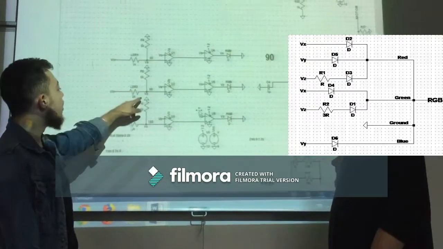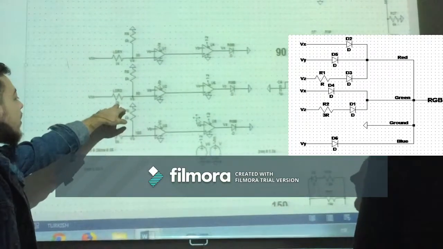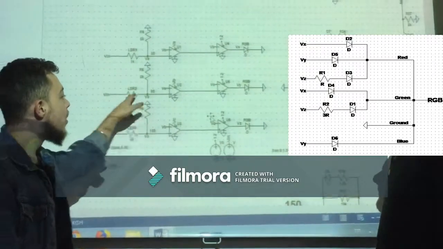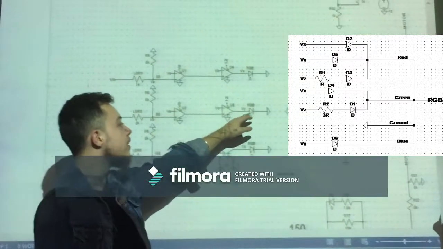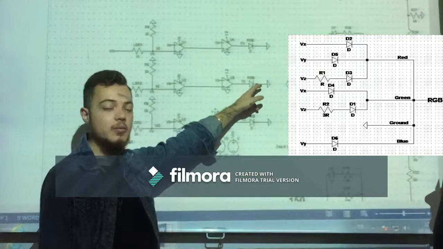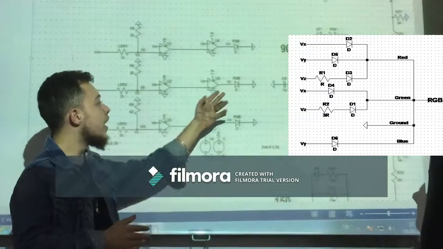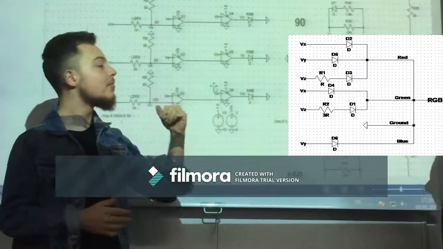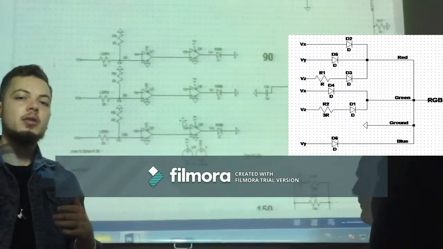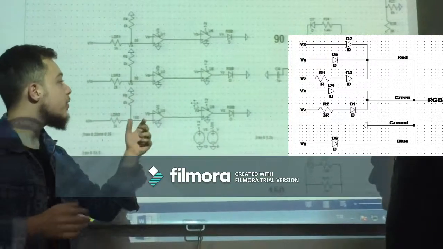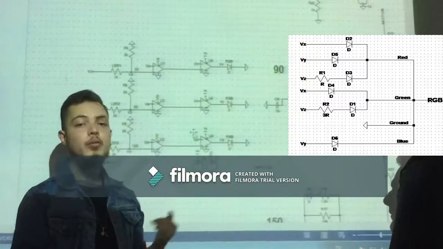In order to get the voltage here, VB must be highest, and it means the highest intensity is on the voltage across LDR2. When the highest intensity of light is on VB, we have only here plus 12 voltage, and this voltage, as we can see from our RGB system, one current goes to the red side of the RGB, one current goes to the blue side of the RGB, and we connect the circuit's ground and the RGB ground, and the RGB gives us the purple color.